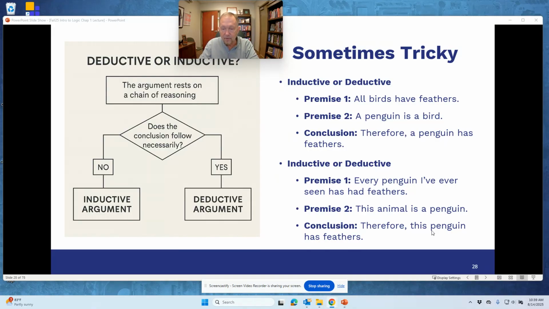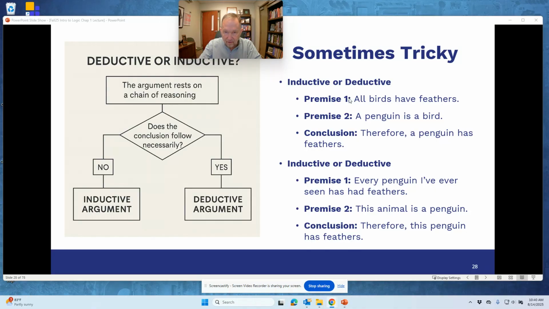This animal is a penguin, therefore this penguin has feathers. Now, the qualifier here that makes it not necessarily follow that this penguin has feathers is that every penguin you've ever seen, all right? There may be penguins out there without feathers, you just haven't seen them yet.